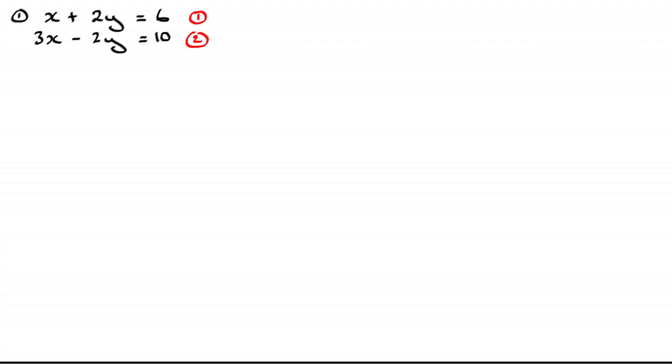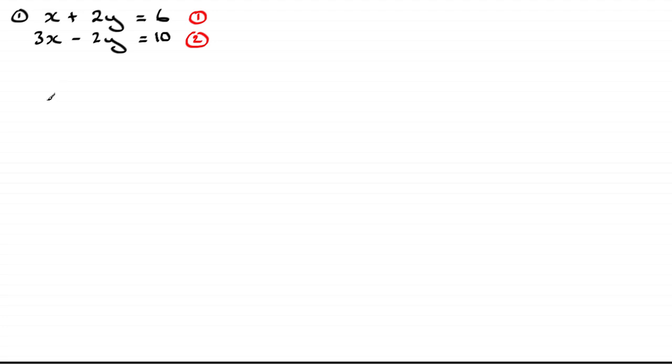Now, the key to doing simultaneous equations, the first thing you need to do is look for whether the x's are exactly the same or whether the y's are exactly the same, give or take whether they've got a plus or minus. And in a question like this, we've got to decide, can we eliminate any of the variables?